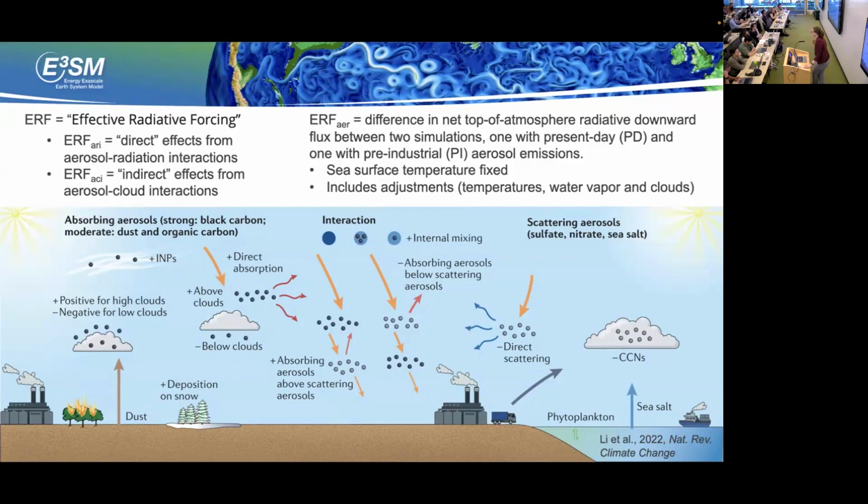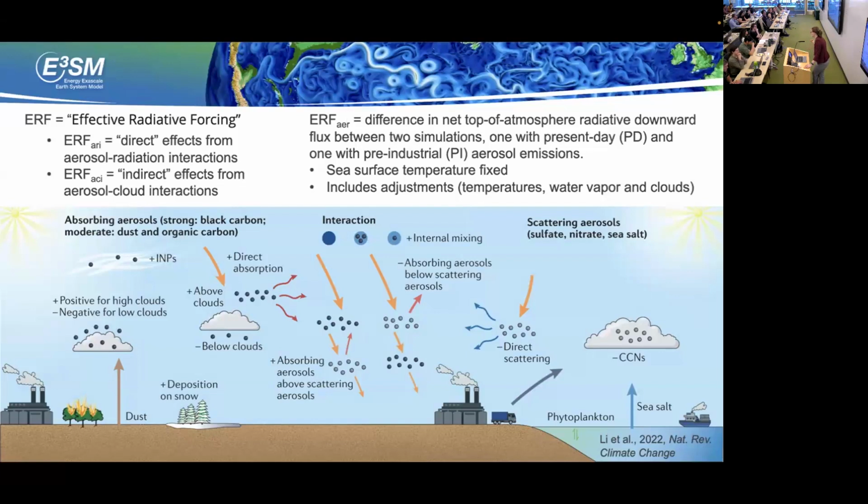So this response of the climate to the aerosols includes not only the direct radiative effect of the aerosol radiation interaction, so the absorption and reflection of radiation by the aerosols, but also the adjustments of clouds, as well as the adjustments of water vapor and land surface temperature.